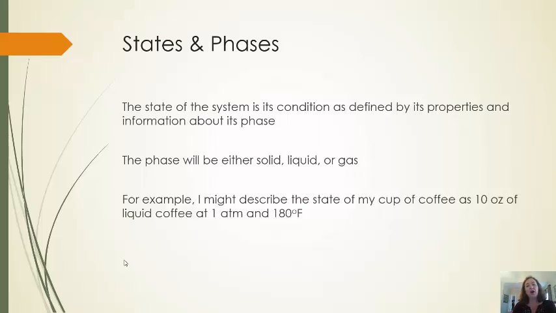So if I had a cup of coffee, I might describe it as 10 ounces, being very specific about the volume, of liquid coffee, not vaporized, at 1 atmosphere because I'm on Earth, and 180 degrees Fahrenheit. That might be the way I would describe the state of my system. The phase would be liquid. If I include the vapor coming off of it, then I have a liquid-vapor mixture.